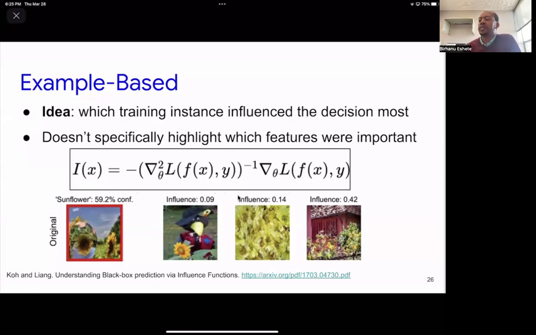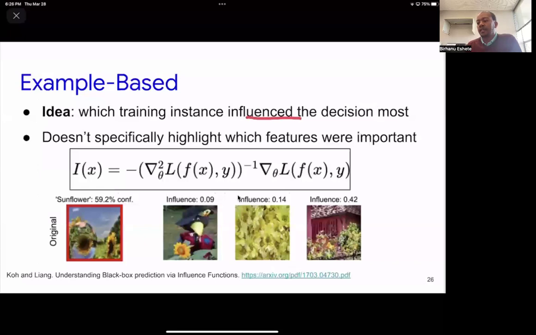The question that we're going to answer is which training instance influenced the decision the most. Every time we get a decision or a prediction out of a model, the question we ask is, are there other inputs around this input that influenced the decision of this input?